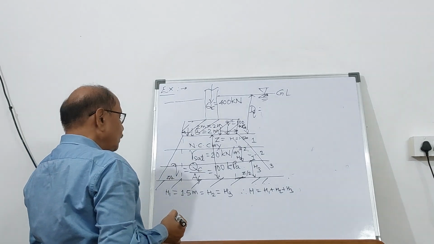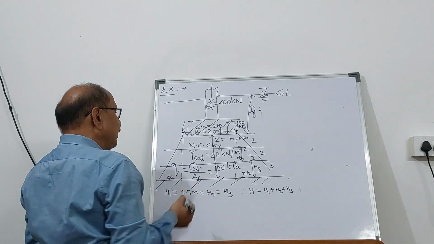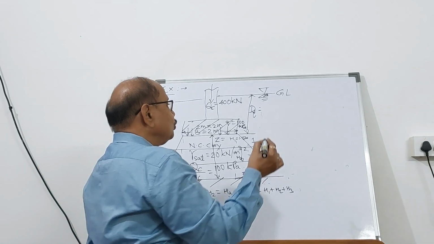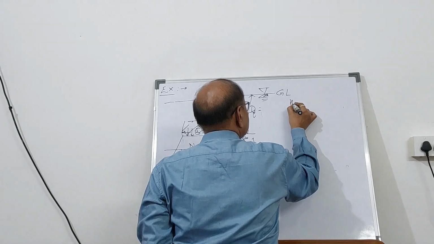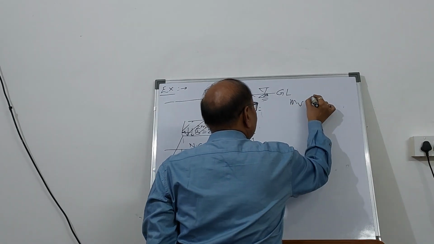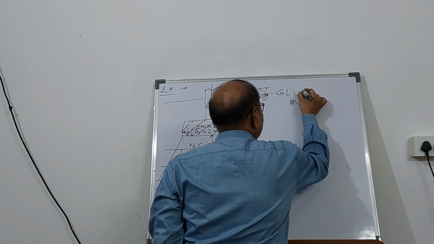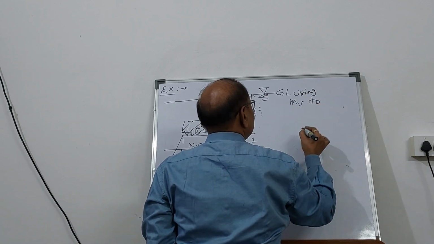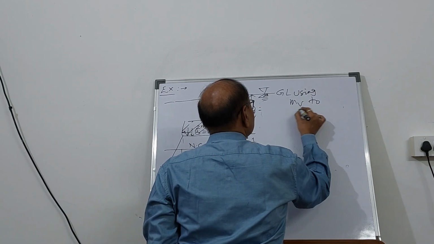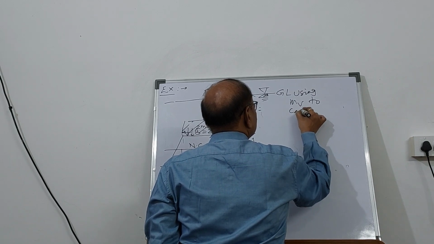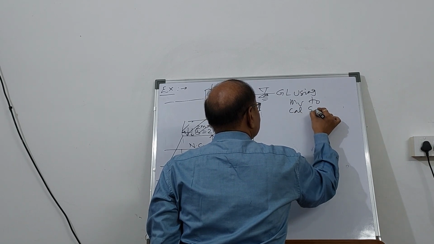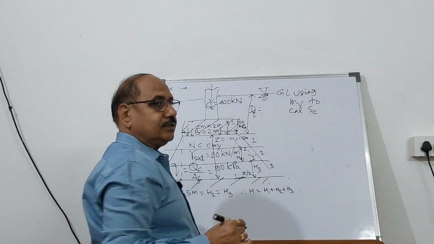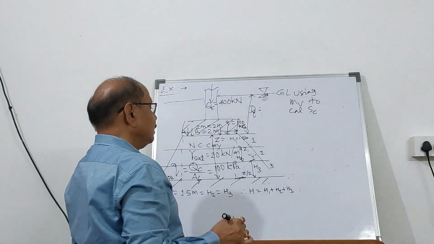Now, you have to use mv to calculate the consolidation settlement of this footing.